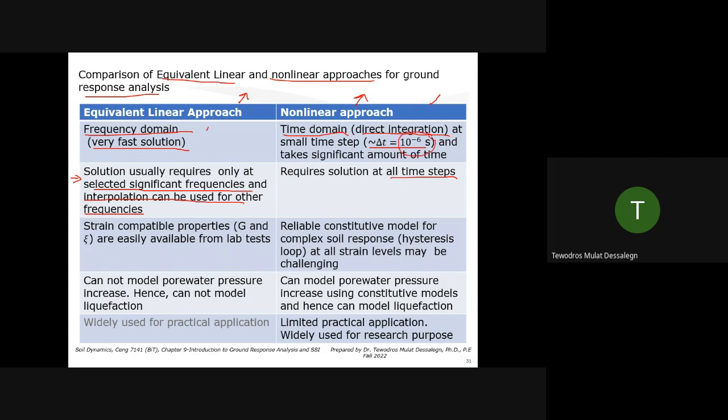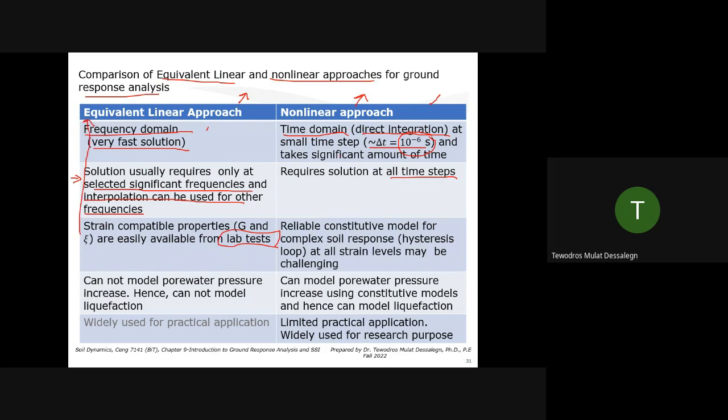All those calculations are very time-consuming. In the equivalent linear approach, strain-compatible properties, G and damping, are easily available from lab or from field tests. You can get these values from field tests or from the lab.